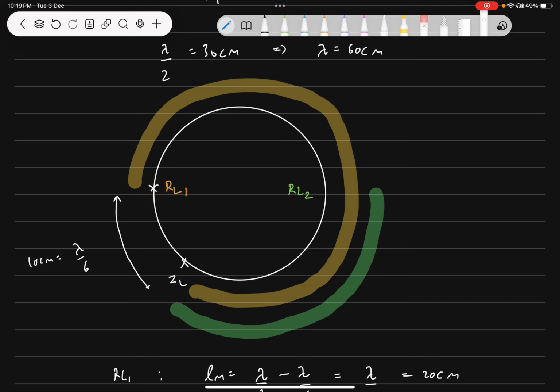So ZL should lie such that you travel lambda by 6 and reach this point where all the minimas are, where the angle of the reflection coefficient is 180 degrees, allowing voltage minimas to take place. Here we have voltage maximas and here we have voltage minimas. So we travel lambda by 6 towards the generator to get to the voltage minimas, so the value of ZL should be here.